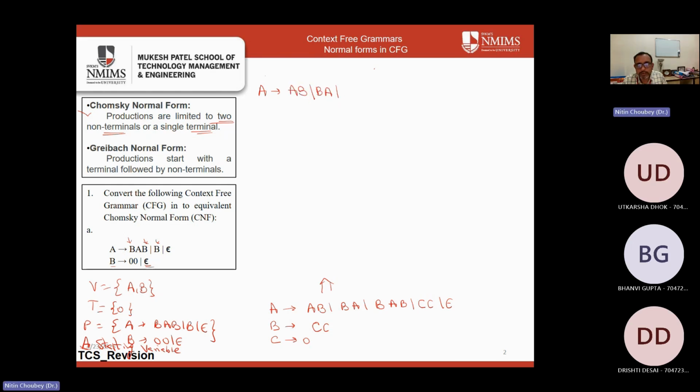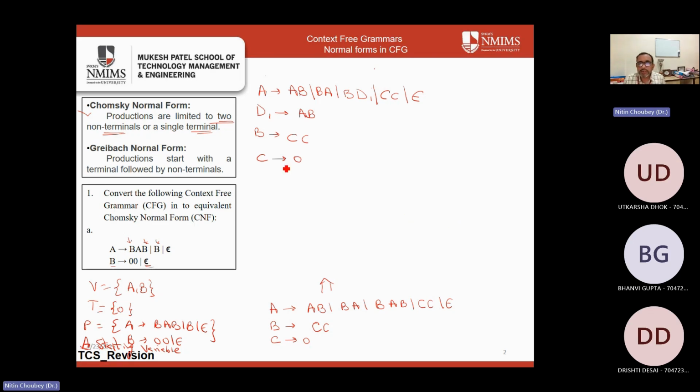BA is already in CNF. We'll say B followed by a dummy variable D1, where D1 is AB, then C, then epsilon. Remaining productions are there, CC, C gives 0.